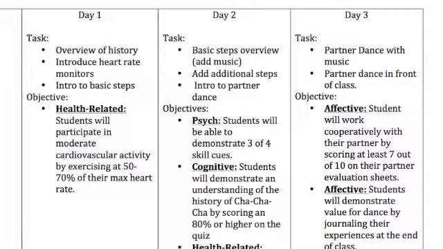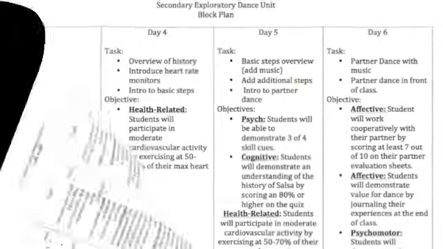On day 2, there will be an overview of the basic steps. There will be additional steps added, and partner dance will begin. Lastly, on day 3, there will be partner dance with music added and a partner dance in front of the entire class. Each dance subunit will follow this format.